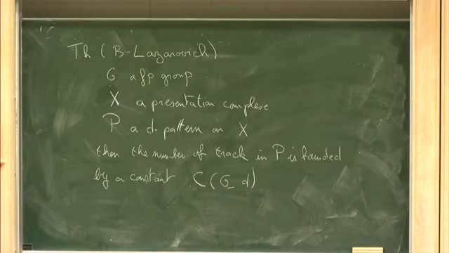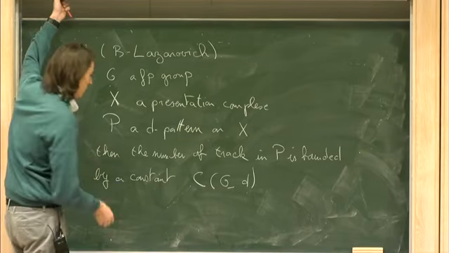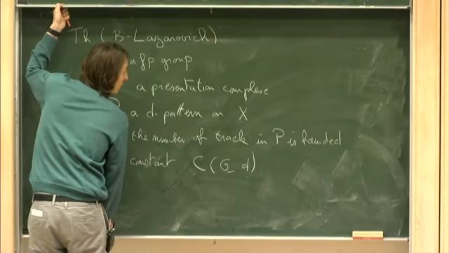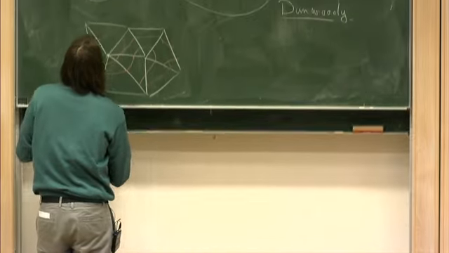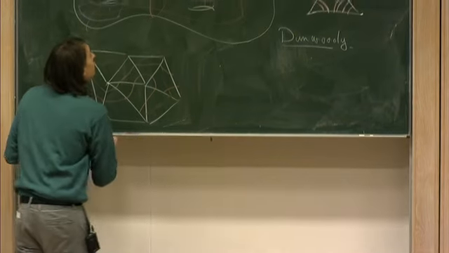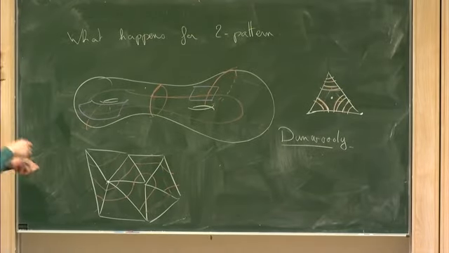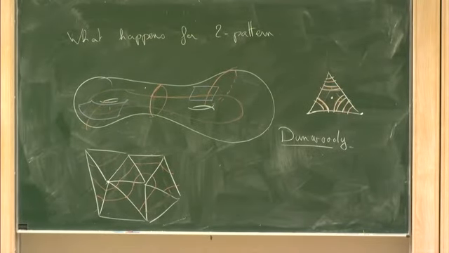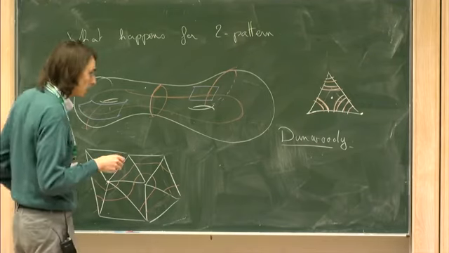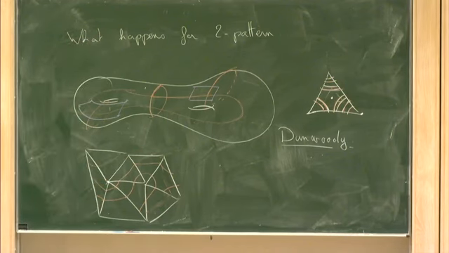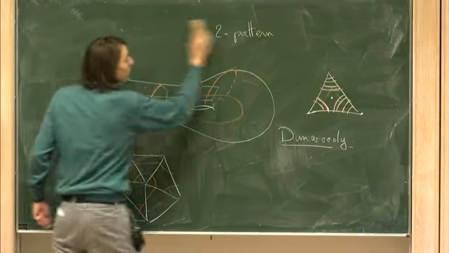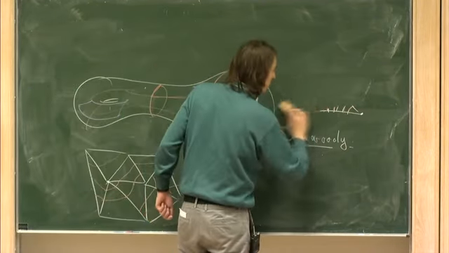So in the case of surfaces, it's just taking closed curves, and so we have a bound on the number of curves that generate a D pattern.